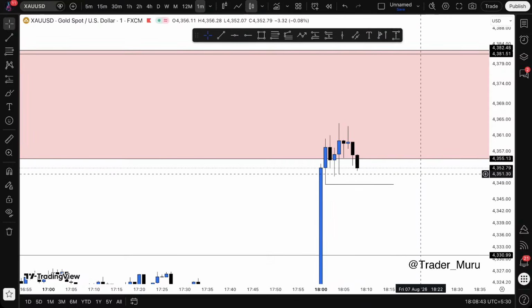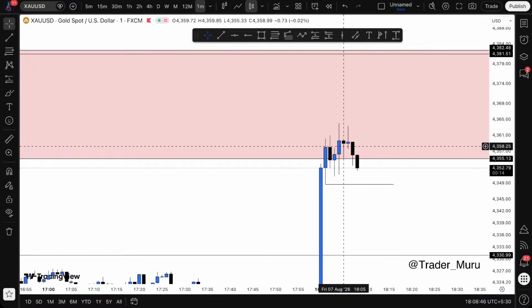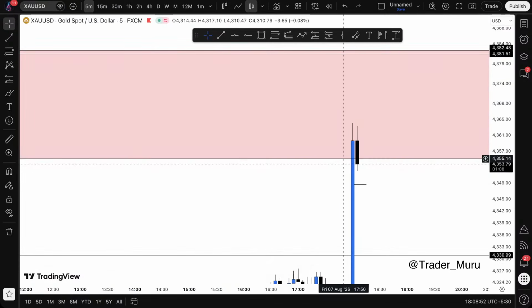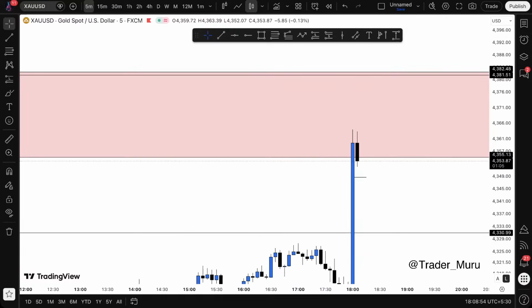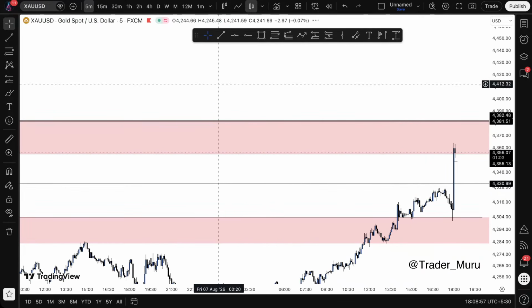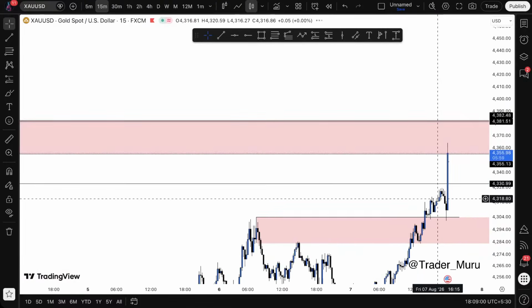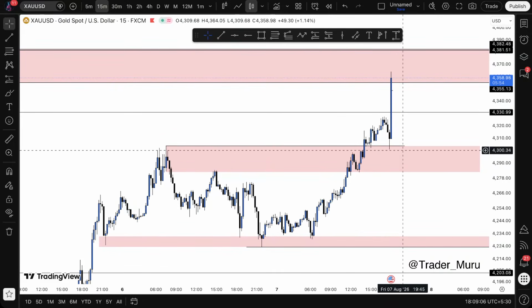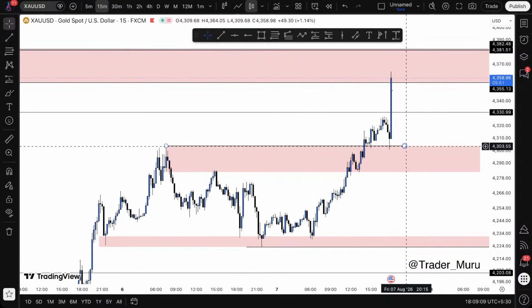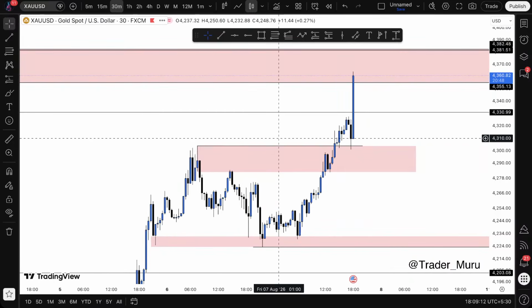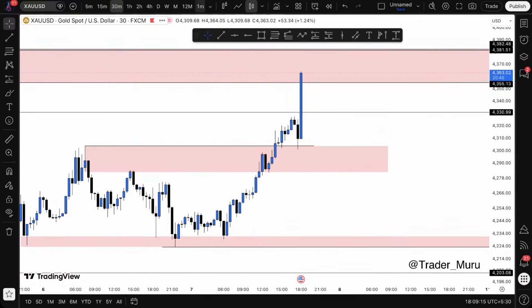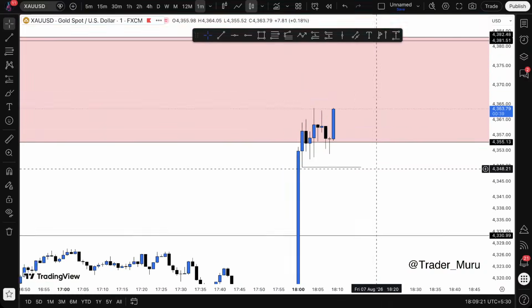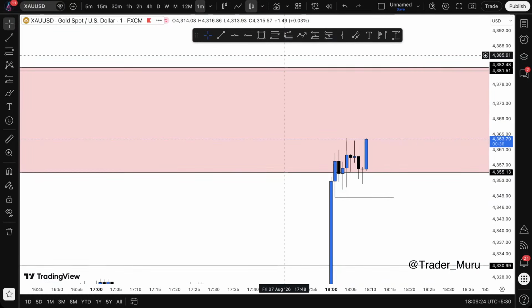Once this low breaks, it will be bearish. 5 minute, 15 minute, 30 minute. See why I'm telling you to wait for at least the break of this low.